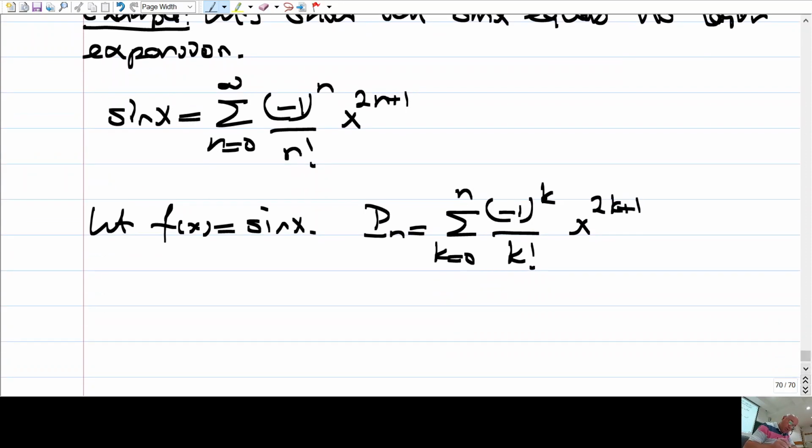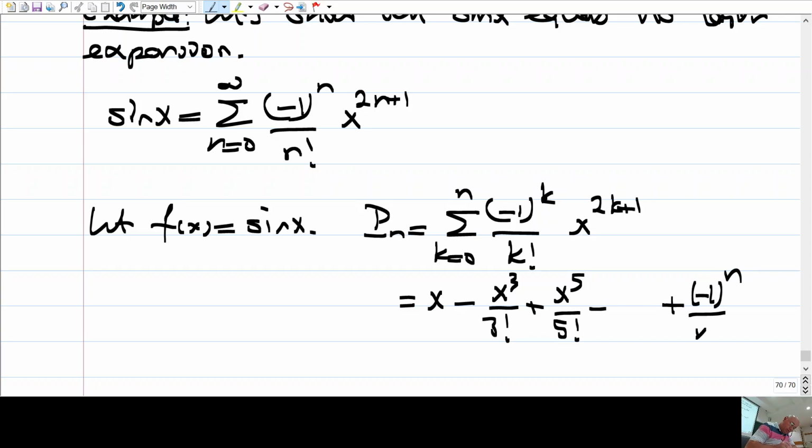So it is the following: x minus x cubed over 3 factorial plus x to the 5 over 5 factorial minus x to the 7 over 7 factorial, and so on up to the nth term.